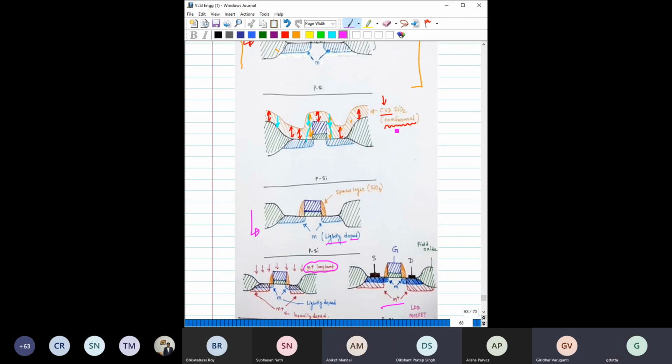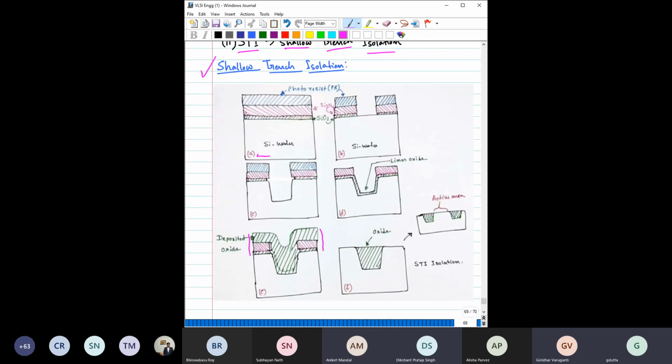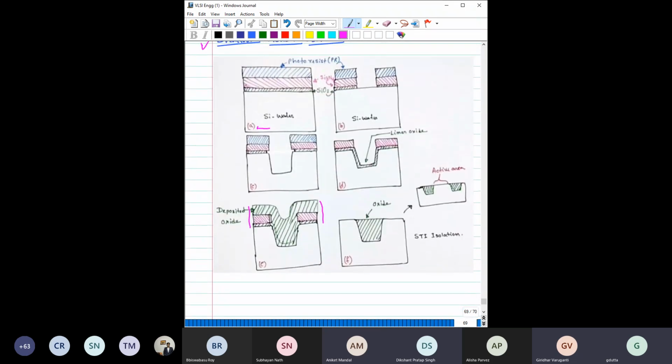So for LOCOS the surface is not planar, whereas for STI the surface becomes planar, and this is now quite an industry standard process to use STI for device isolation.